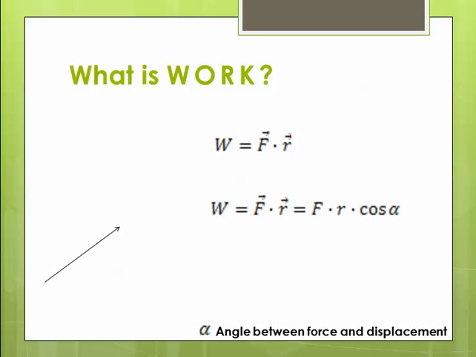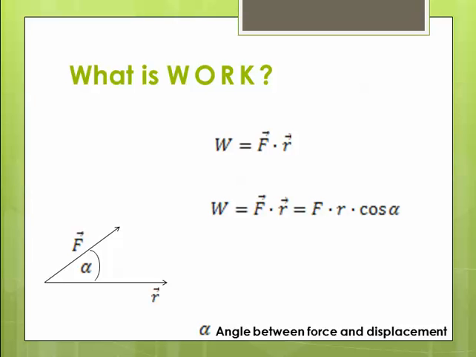So assume force is pointing into the direction as given by the arrow in the picture. Now let's assume the direction of the displacement is pointing into another direction as given by the picture. The angle between the two vectors is alpha. Work is defined as the product of F times cos alpha times R, the displacement.